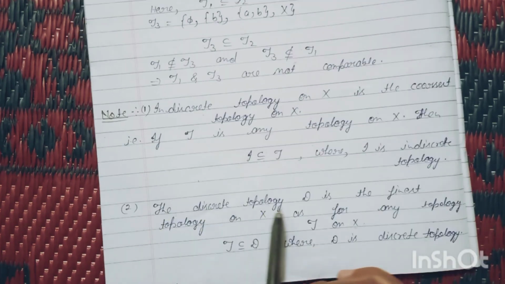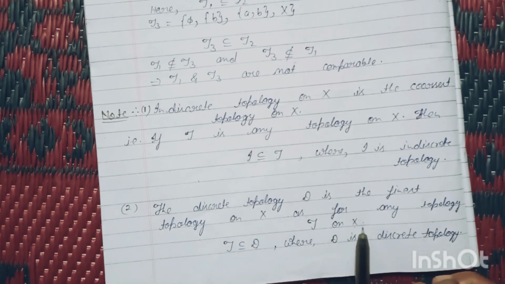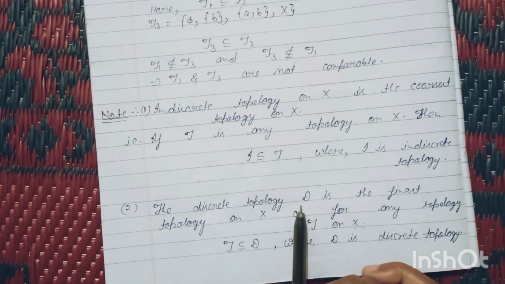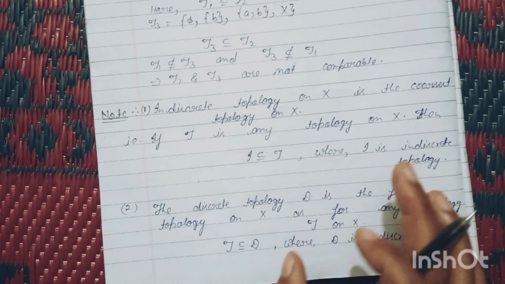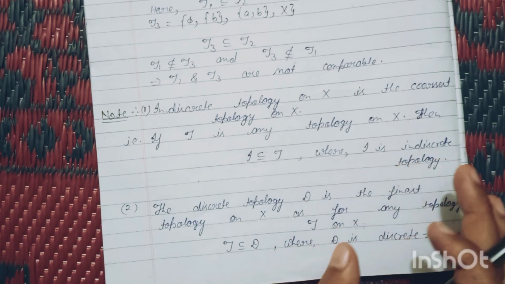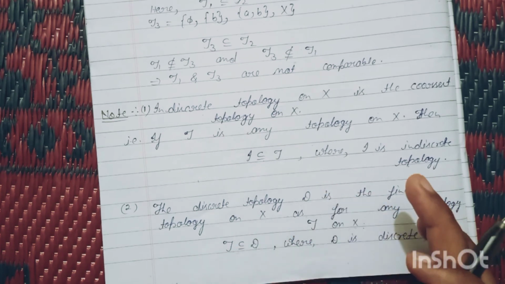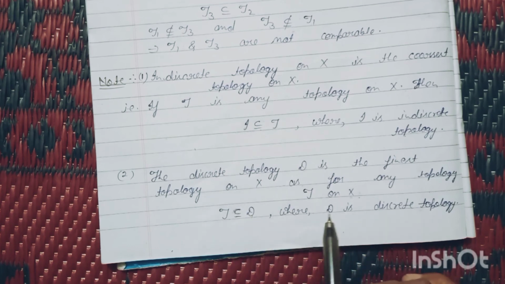Now second, note that the discrete topology D is the finest topology on X, as for any topology T on X, we know that D, the discrete topology, is the largest topology on X. If we define another topology T other than D, then T is always a subset of D, because D is the largest topology on X. That means T is always contained in D. So we can say that T and D are also comparable.